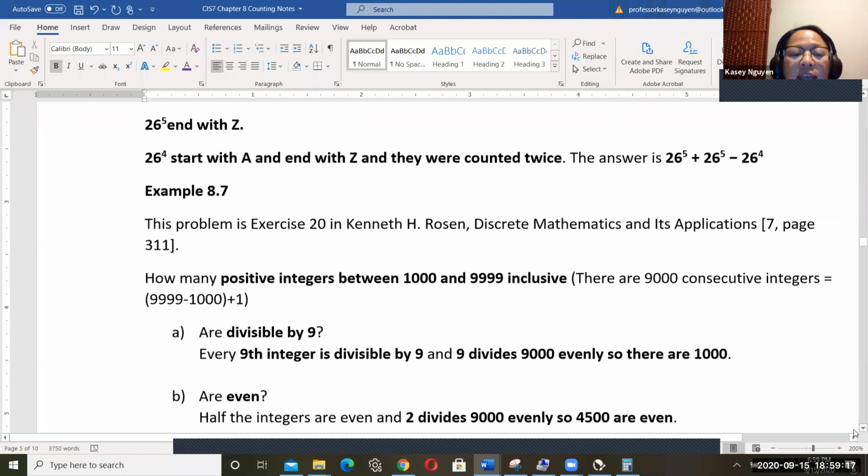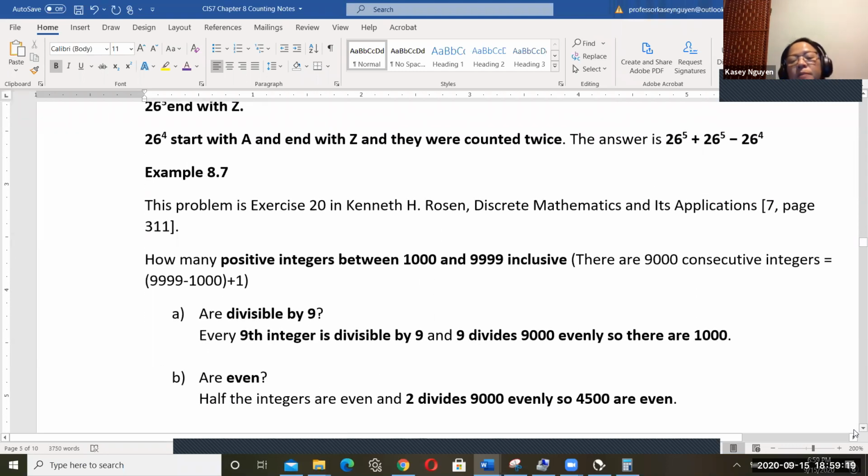All right, let's look at 8.7. This is going to be similar to our assignment. It asks you how many positive integers between 1,000 and 9,999 inclusive. There are 9,000 consecutive integers. So you would take 9,999 minus 1,000 plus 1.